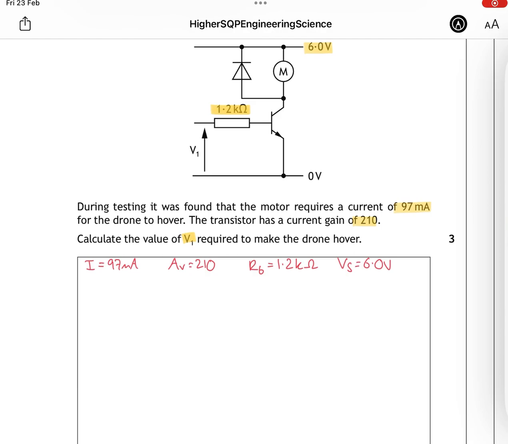So the equation that links the currents and the gain is that our gain is equal to the current at the collector divided by the current at the base.